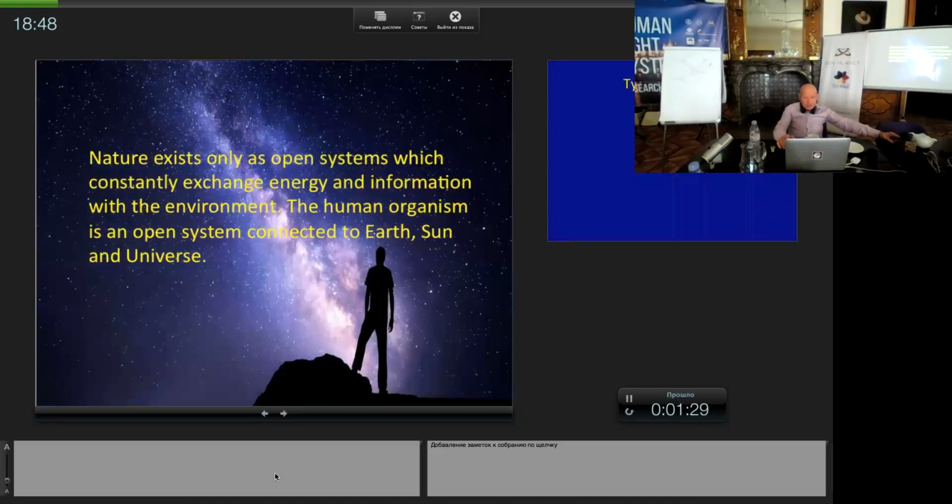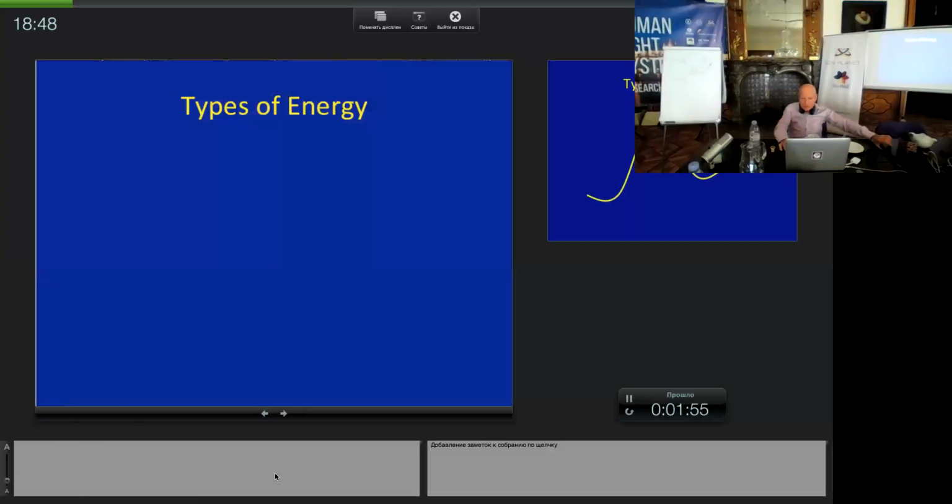So nature exists only as an open system, which constantly exchanges energy and information with the environment. The human organism is an open system connected to Earth, Sun, and universe. That is very, very important, that we are part of the universe, and we are under the constant influence of all different forces in the universe.